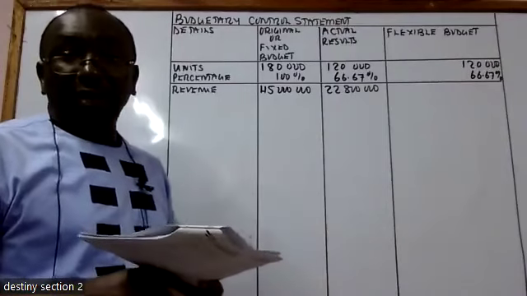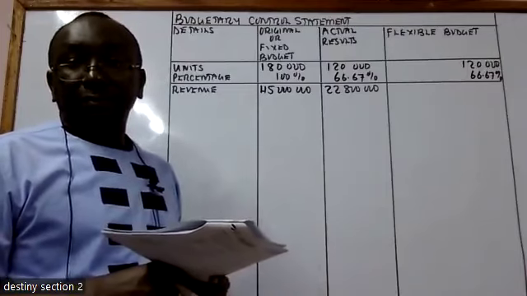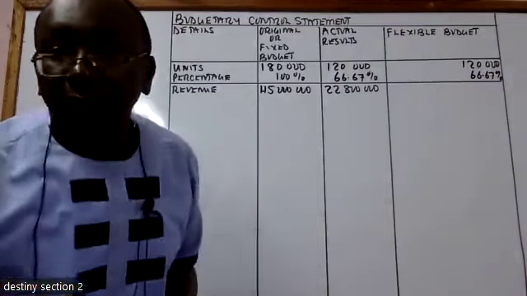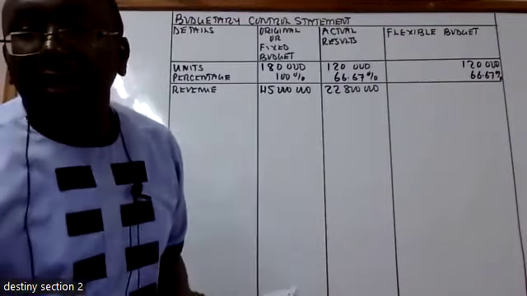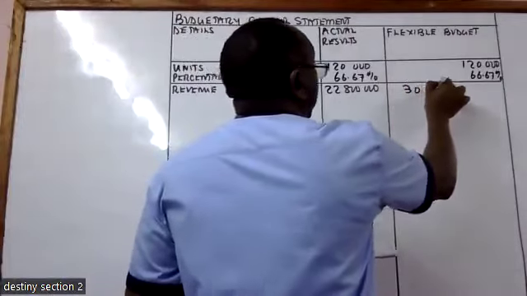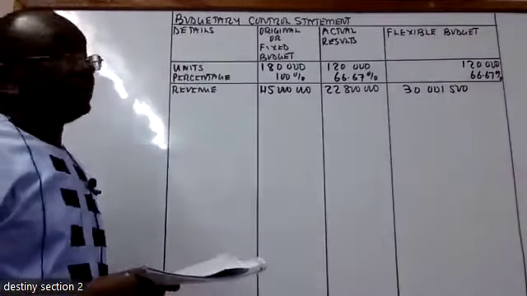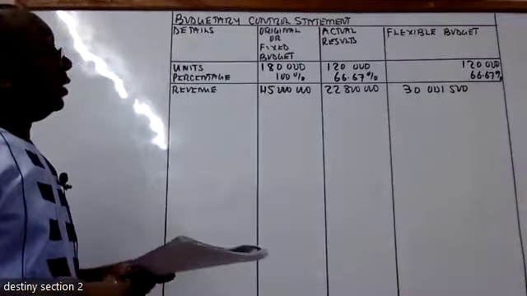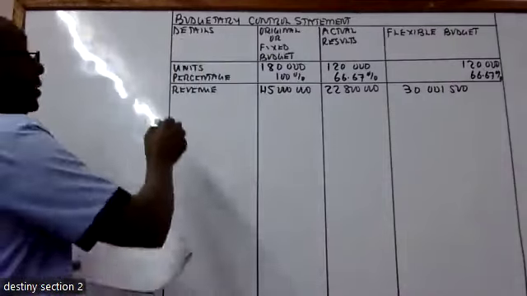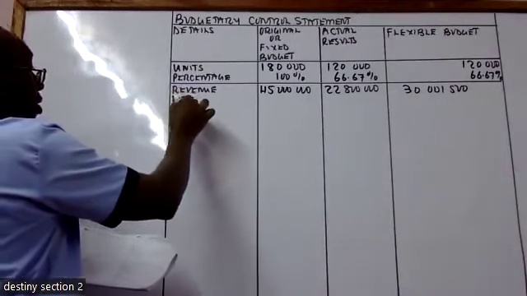That is 30,001,500. Okay, well and good. Then you say less variable costs.